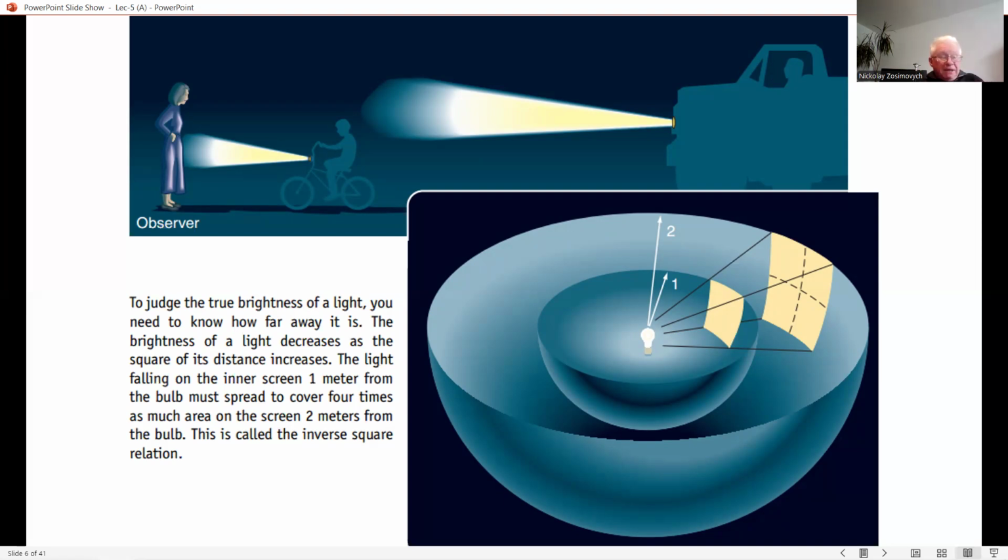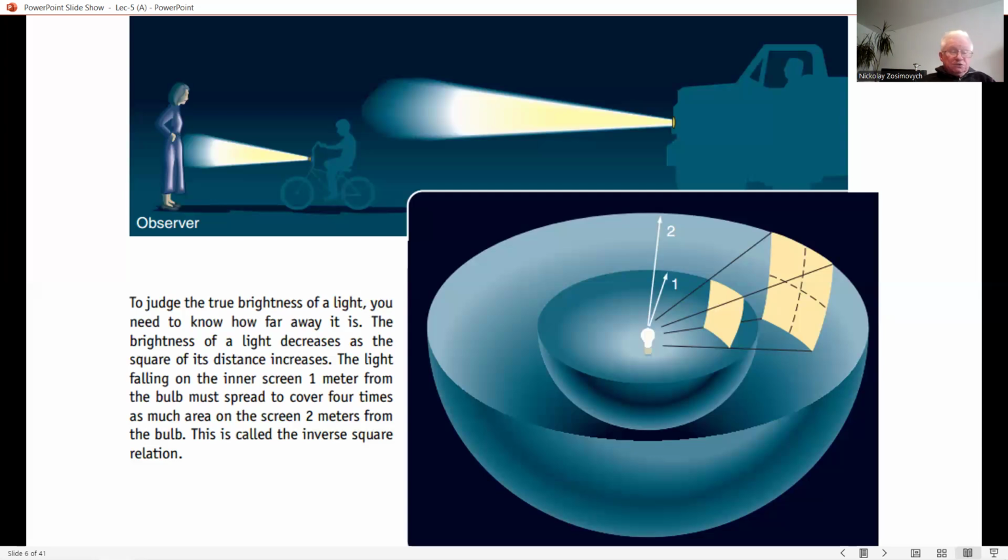Now, imagine that you doubled the size of the spherical screen. The light that used to cover 1 square meter is now spread out to cover 4 square meters. Now, any spot on the larger screen receives only 1/4 as much flux as a spot on the smaller screen.